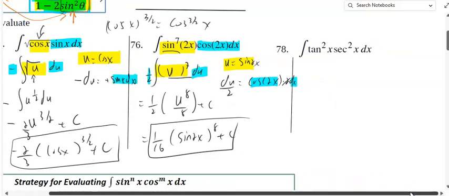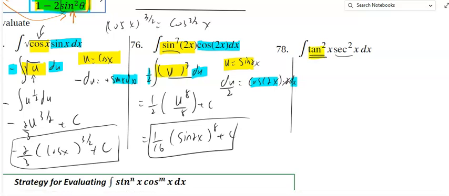I look here and I see two power functions, and I'll be thinking, okay, if I let u equal the inside of this power function, secant, then the derivative of that would be secant tangent. That doesn't work because I have tan squared. But if I let u equal the inside of this power function, say tangent, that works.